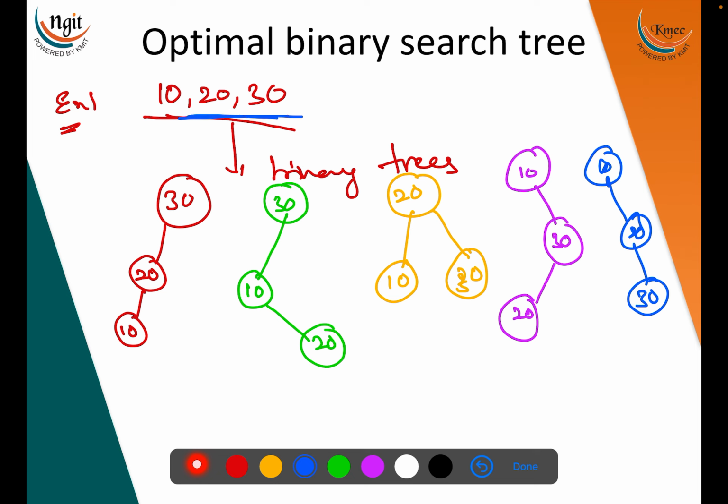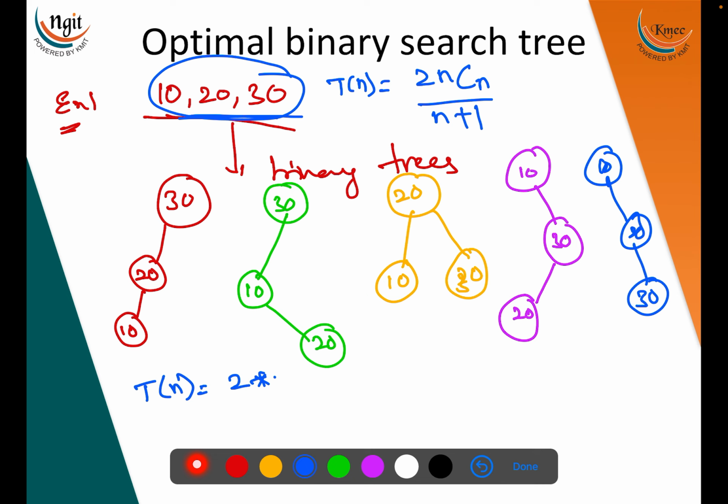How to calculate the possible binary trees from the given keys? The formula is T of n is equal to 2nCn by n plus 1. Now T of n is equal to 2 into n, where n value is 3, so 6C3 by 3 plus 1, which is 6C3 by 4.